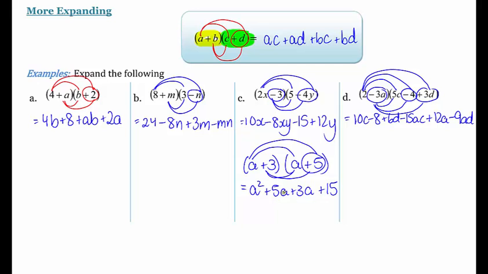Now you can see that we have like terms here. So we have to simplify. So we go a squared, 5a plus 3a is 8a, plus 15. Okay, so that's what I mean by simplifying if you can.